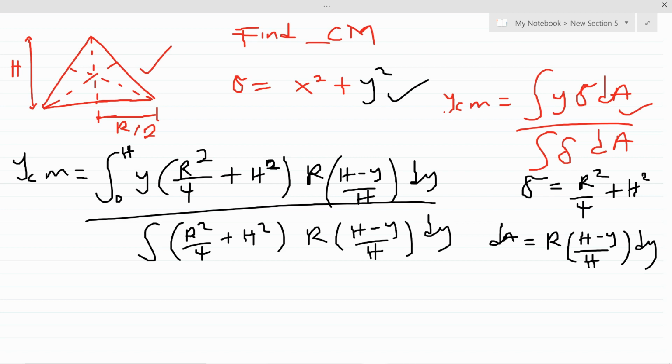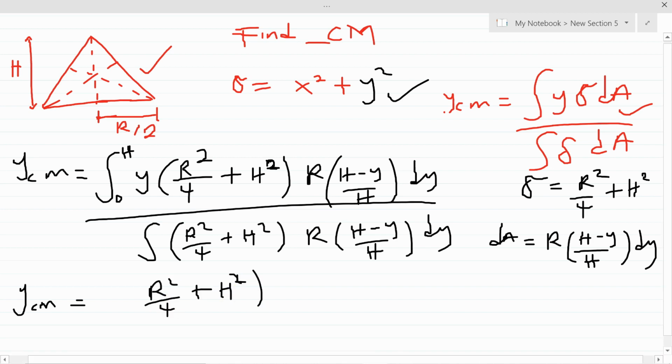Now I can factor some things out because we are integrating with respect to y, but r and h don't depend on y, so this whole ycm can also be rewritten. On the top side I'm factoring r squared over 4 plus h squared. They are all in a bracket, so I can factor them out. The integral from 0 to h, okay, then y, then r over h.